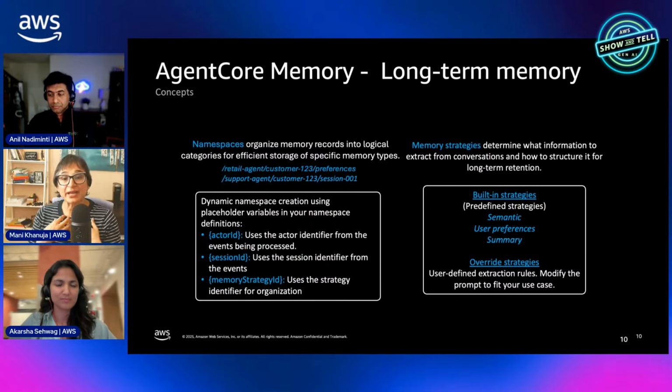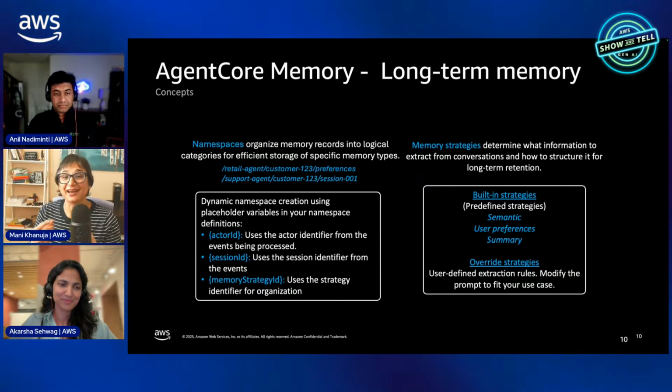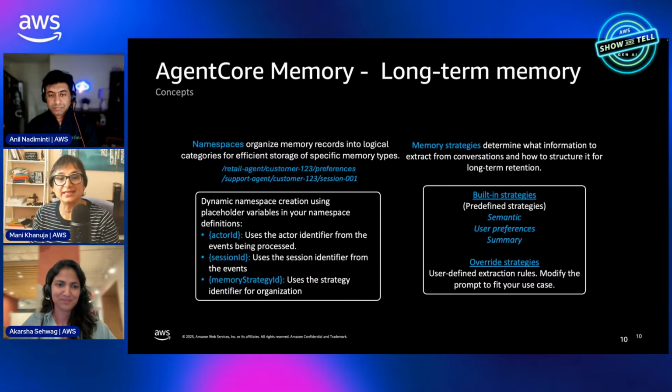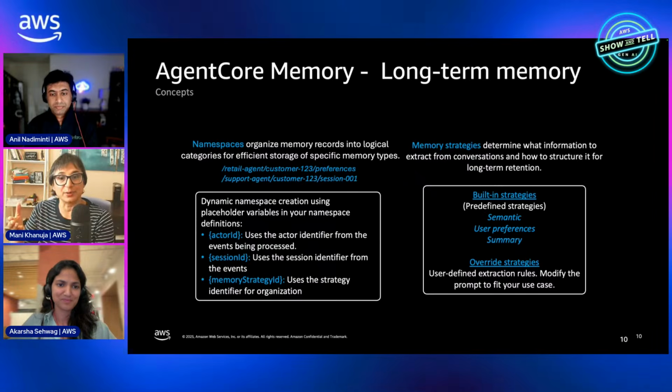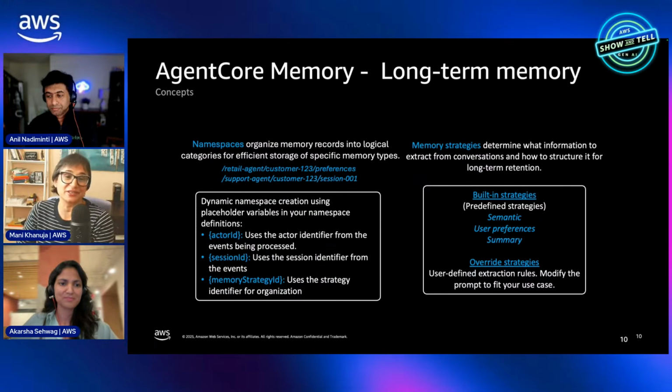My user preferences should only be visible to me when I'm interacting with the agent. But if Akasha is interacting with the same agent, only her user preferences should be shown to her, right? So that's the main idea. One of the examples we have given on the slide is retail agent slash customer ID slash preferences. And this customer ID is resolved at runtime because you can pass these variables. So this is just one example.